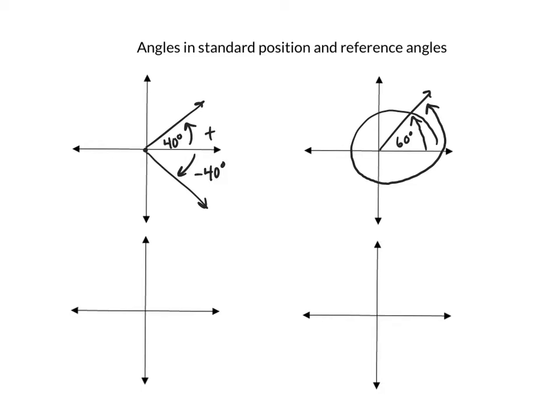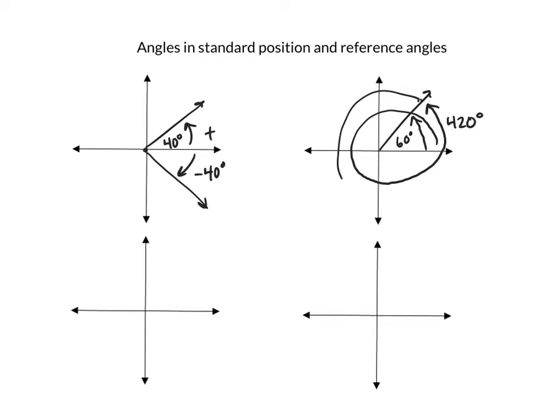So if I go 60 degrees and another 360 degrees, that would be 420 degrees. That angle is equivalent. And I can keep adding 360 and I get another equivalent angle. So 420 degrees is equivalent.